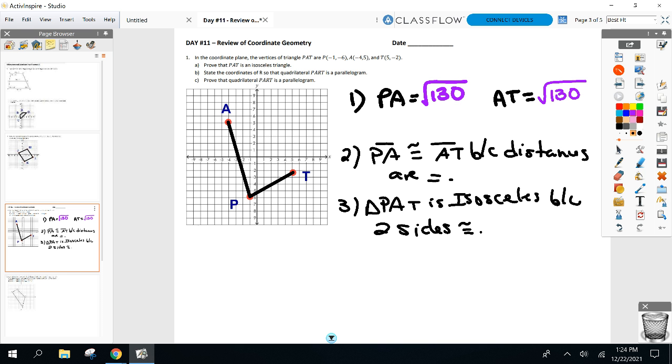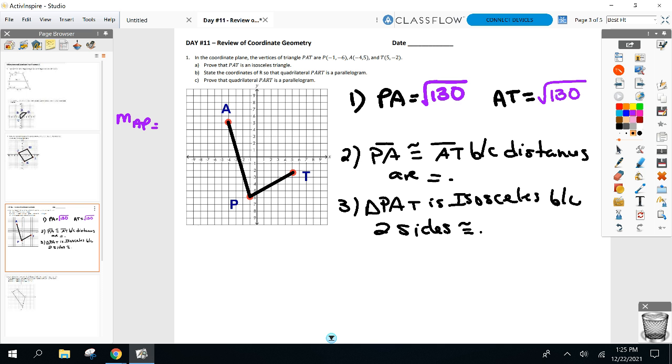So in your groups right now, quickly calculate the slope of AP. Go ahead. Find the slope of AP, rise over run. And what did you count? Up and over how many?